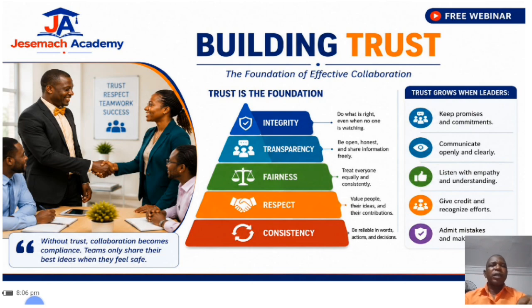You must be resilient and enduring. There are times that you will not feel like doing the right thing, but because it has become your principle, you pursue it. That is consistency. So without trust, collaboration becomes compliance. Teams only share their best ideas when they feel safe.